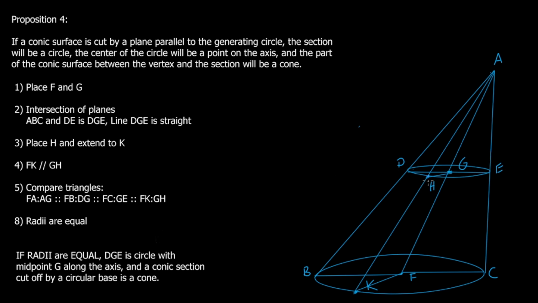So these lines GH and FK are going to be parallel lines. And similarly, we have the triangle ABC, which represents a plane, and DE and BC are two parallel planes. So we know that FC is parallel to GE, DG is parallel to BF.